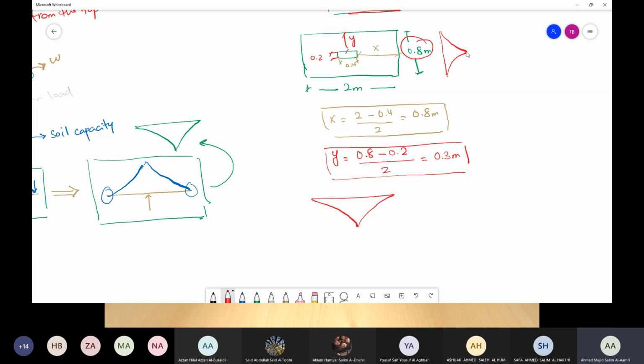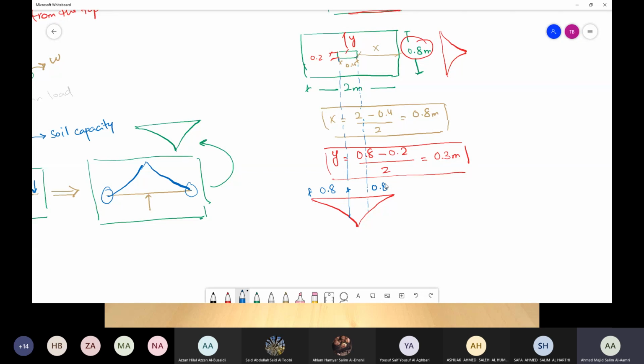This particular bending moment corresponds to here, and this bending moment corresponds to here. So we need to know this distance, which is in this case 0.8, and here it's 0.8. We already know the distance. If we know the loading, then we can calculate the bending moment.